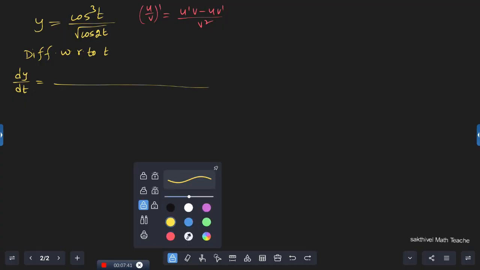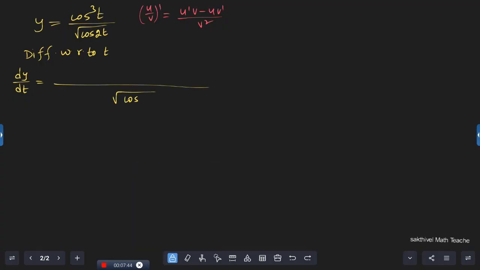So the denominator will be cos 2t whole square. In the numerator, what is the cos cube derivative? 3 cos square t into the cos derivative, which is minus sin t. This is u dash.